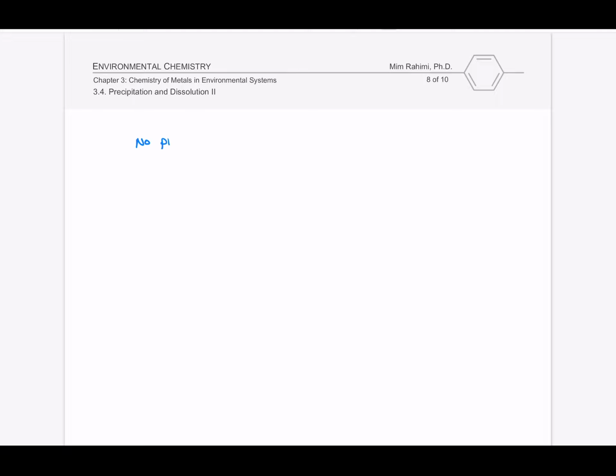First with no precipitation. And we can use the total cadmium. We are expecting 8 species to show up. Cadmium 2 plus, cadmium with 1 hydroxide, with 2, and 3, and 4.